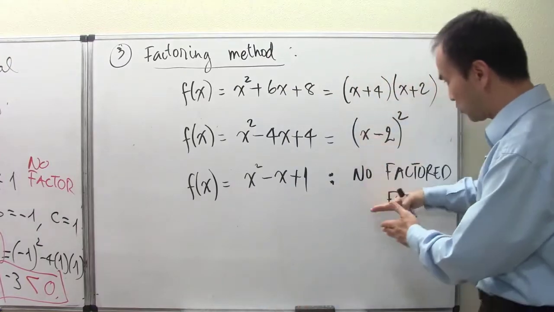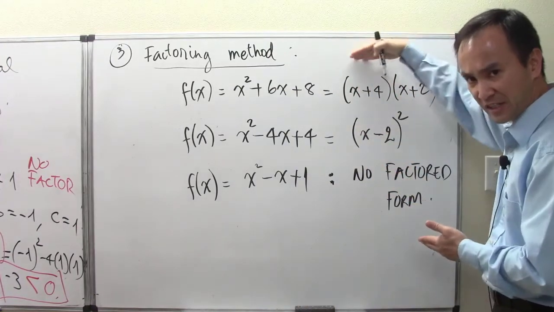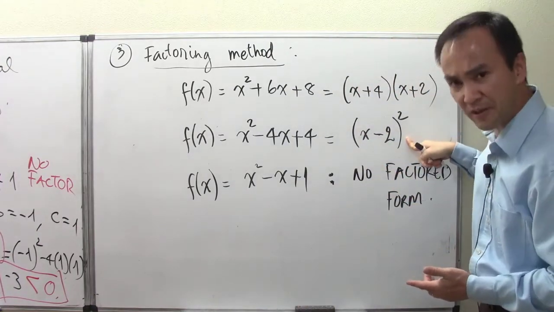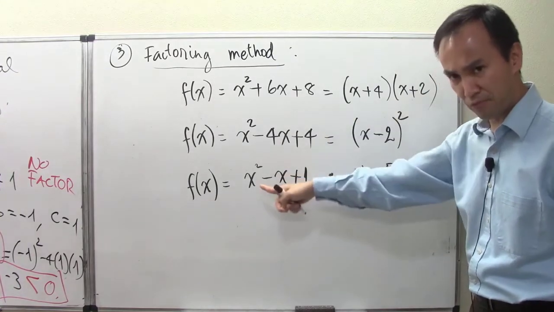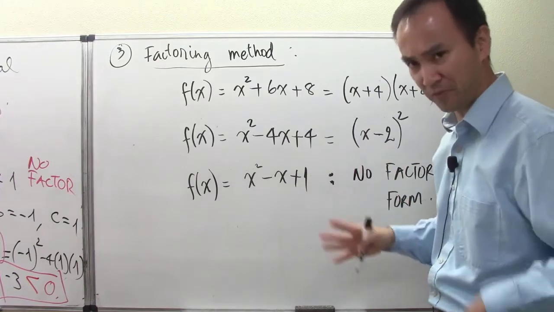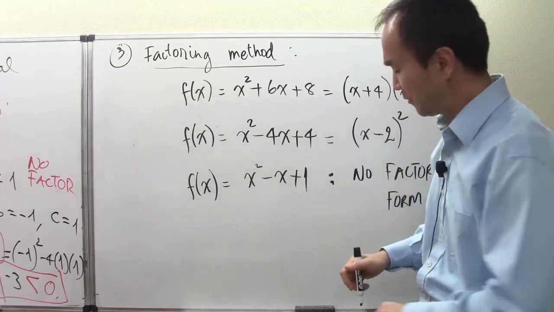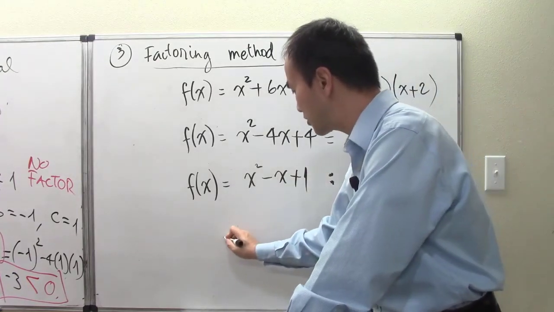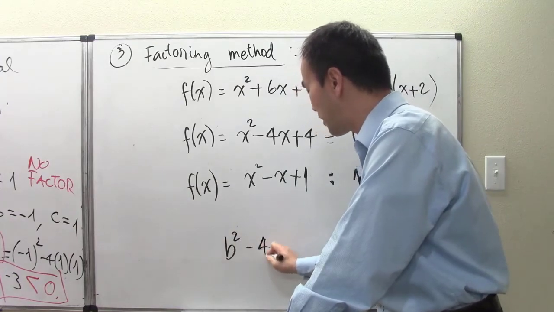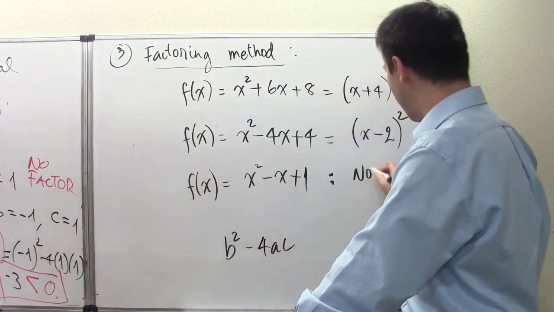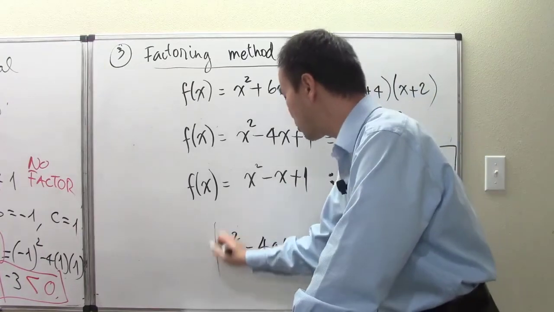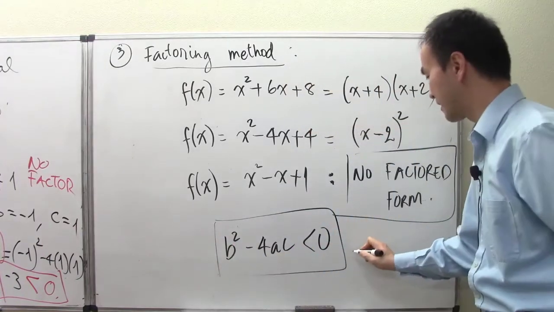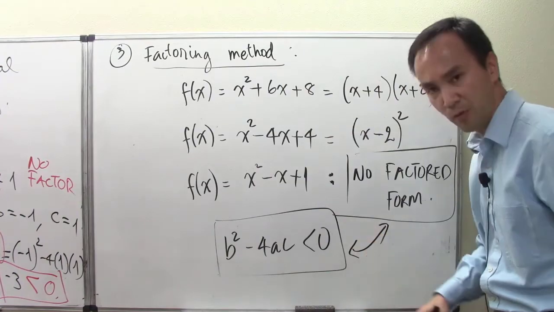So there were times we got distinct factors, and there were times we got repeated factors in a quadratic, and then there were times we came to a problem where we had no factor form found at all. And so that decision line was all on the b squared minus 4ac. So anytime we have no factor form, it means this b squared minus 4ac has to be less than 0, being a negative quantity.